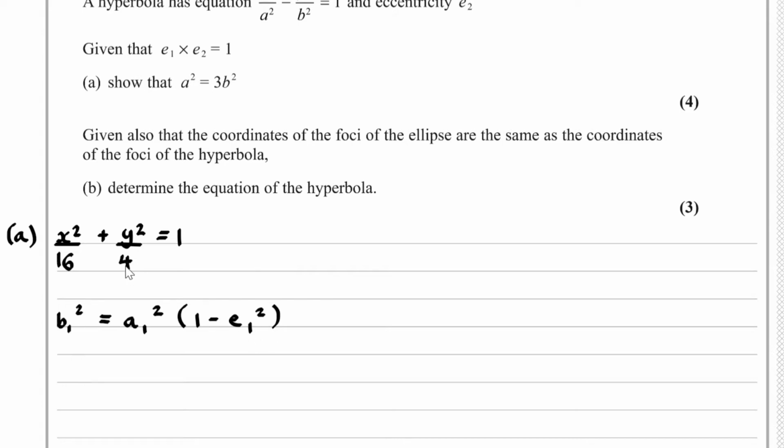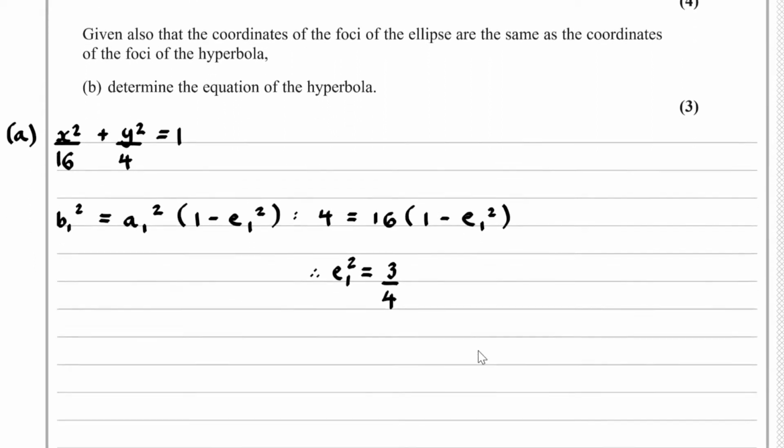So b1 squared, that's equal to 4, and this is equal to a1 squared, which is 16, multiplied by 1 subtract e1 squared. And from this we can conclude that e1 squared is equal to 3/4.